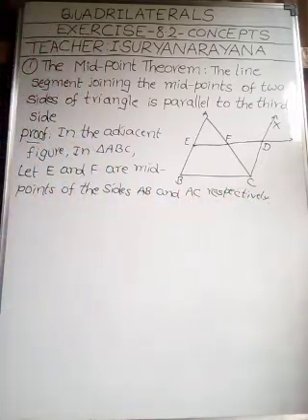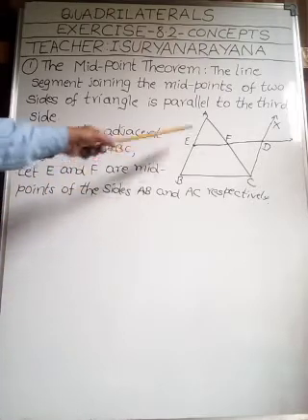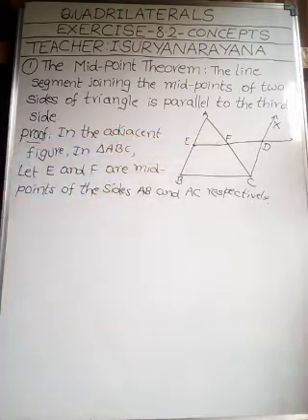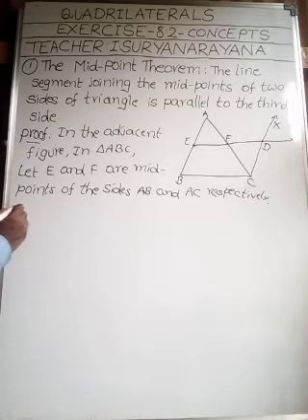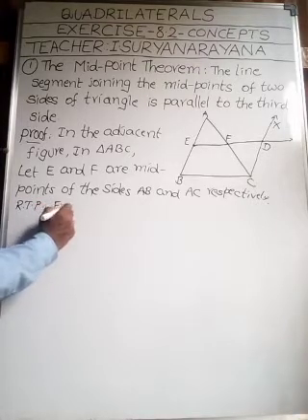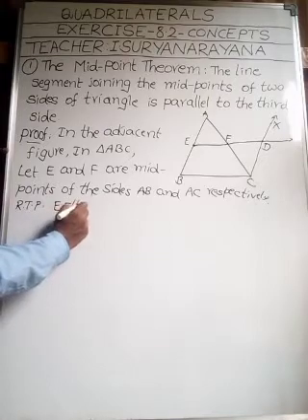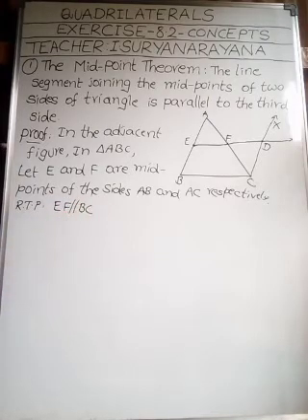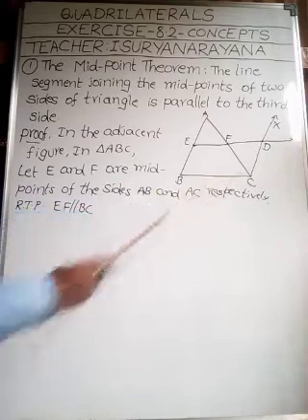Okay, my children, we have taken it like this. E and F are the midpoints of these two sides, AB and AC, respectively. Now we have to prove that. What is to be proved? RTP, required to prove: EF is parallel to BC. We have to prove that this line EF is parallel to BC.